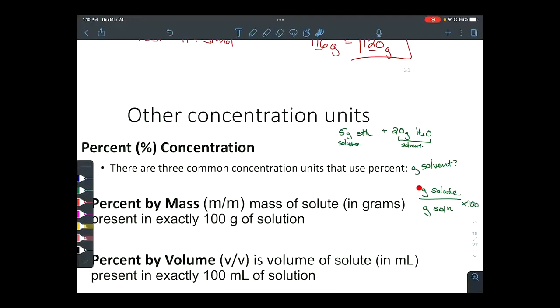We would do 5 grams over 25 grams because that's the grams of your solution. So this is equal to your grams of your solution. So I guess to actually write out a definition here, your grams of your solute plus your grams of your solvent equals grams of your solution.